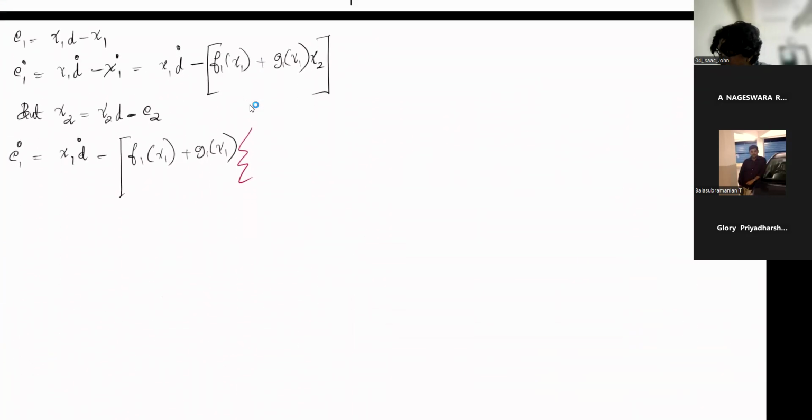So if I substitute that, I'll get G1 of x1 inverse. Then what were the remaining terms? K1 E1 plus x1 desired dot minus f1 x1. Then one more term would be there. That will be E2.